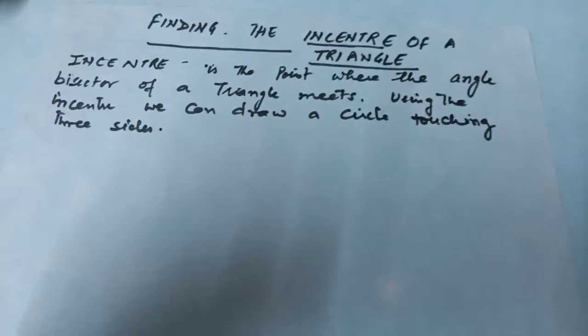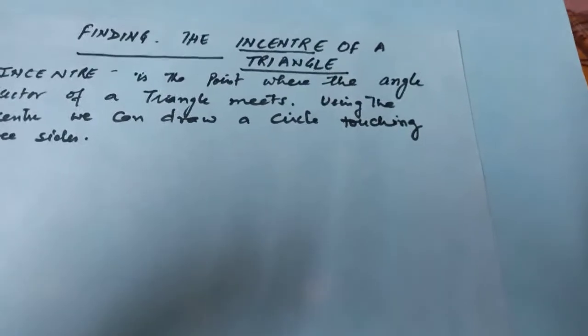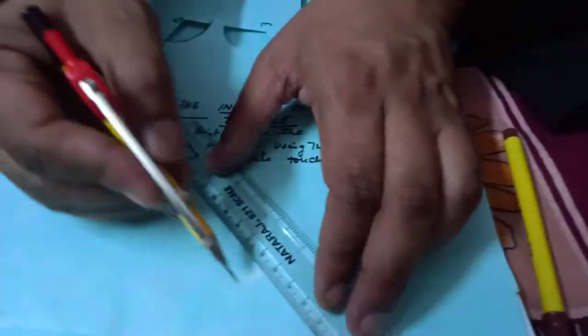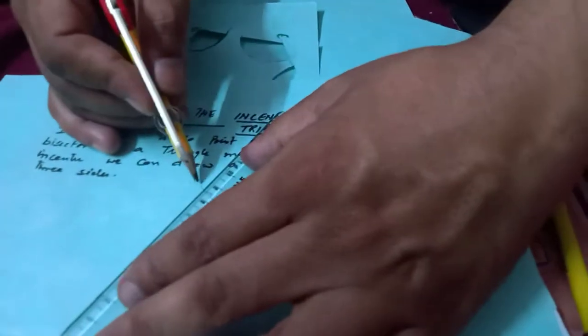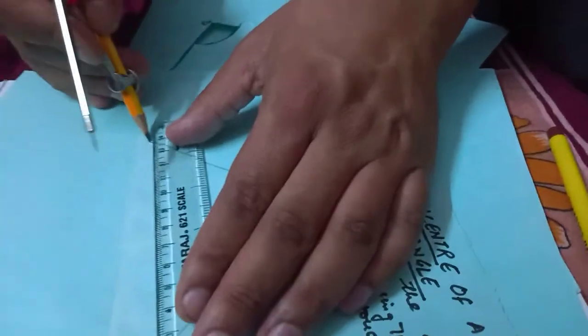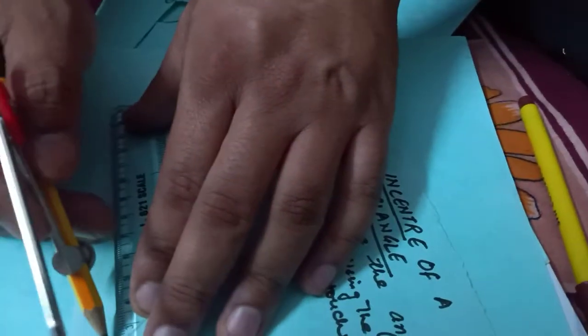See how we can find this by using the activity method. So let us first draw a triangle now. You can draw any type of triangle. It doesn't matter what kind.